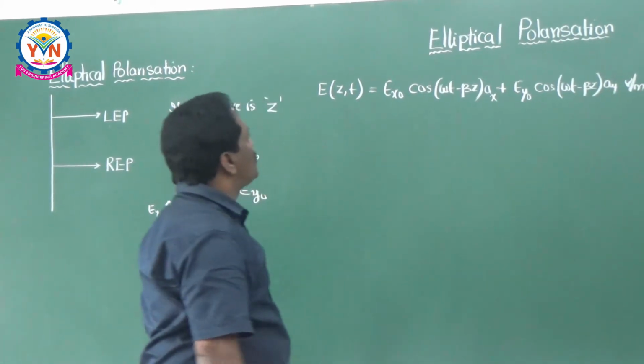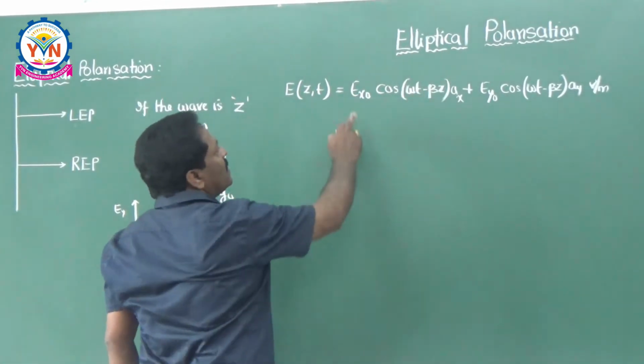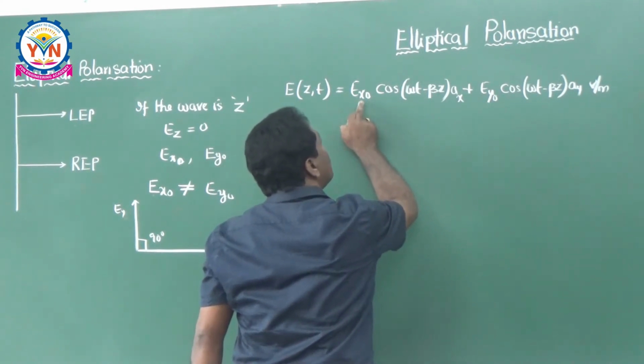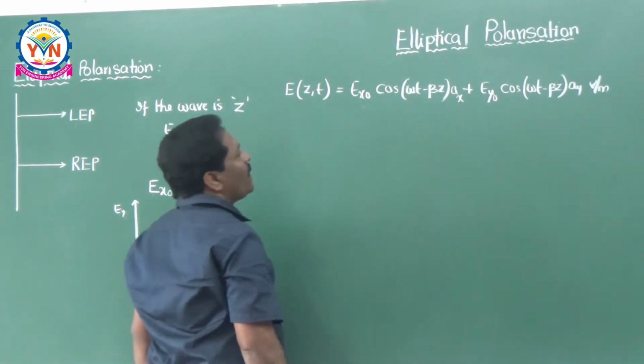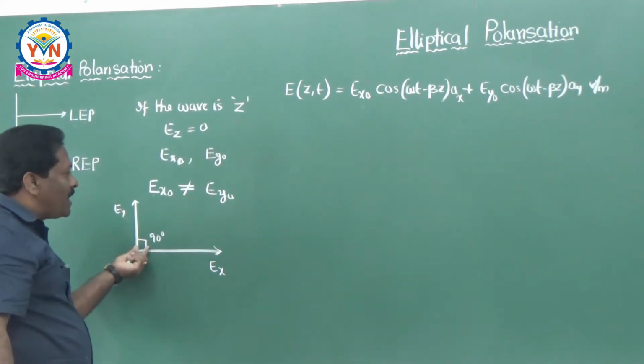Now, for our elliptical polarization case, Ex naught and Ey naught are different and Ex naught is greater than Ey naught. And one more condition required is that the phase angle should be 90 degrees here.